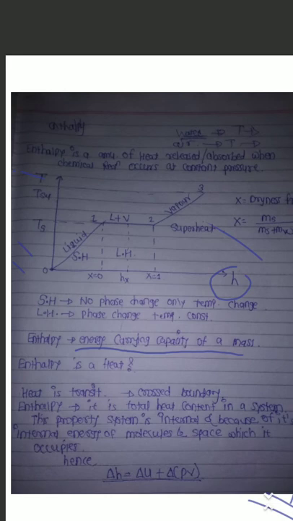In short, the energy carrying capacity of a mass is nothing but enthalpy. If you take any substance like water, air, or any gas like nitrogen or carbon dioxide, the system has some energy carrying capacity.